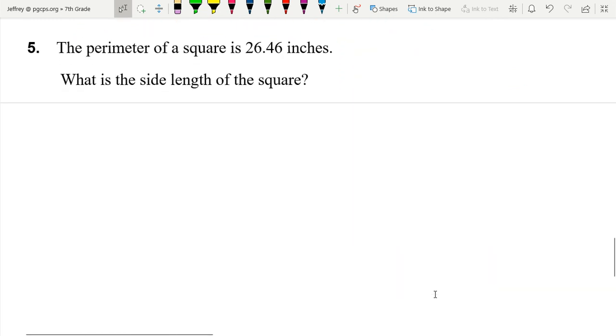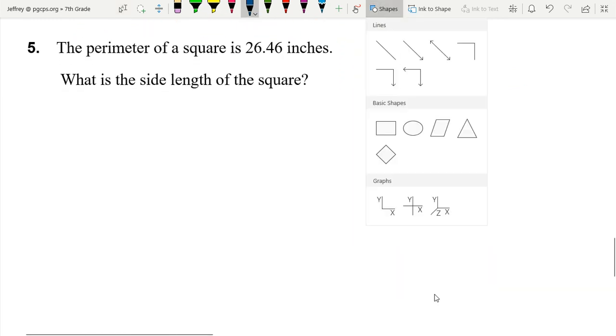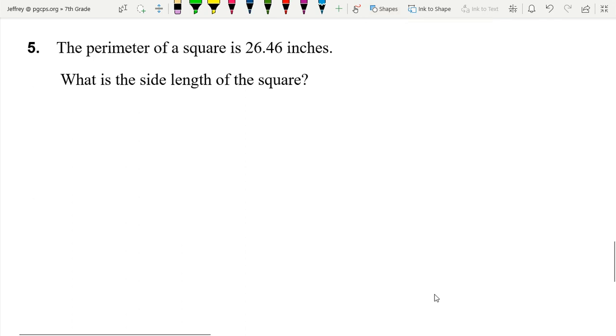The perimeter of a square. So I'm going to draw a square. The perimeter of a square is 26.46 inches. That's the perimeter. What is the side length of the square?